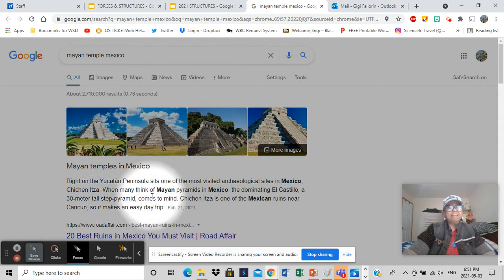When many think of Mayan pyramids in Mexico, the dominating El Castillo, a 30-meter tall step pyramid, comes to mind. Chichen Itza is one of the Mexican ruins near Cancun, so it really makes an easy day trip. So if you're ever in Mexico, people just visit this Mayan temple.